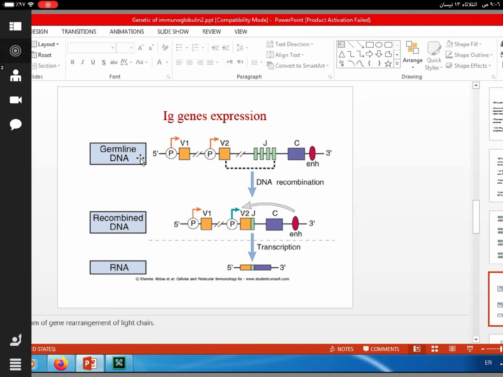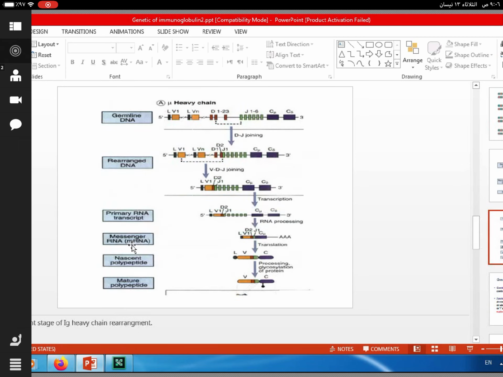In this figure, you can see a diagram of gene rearrangement of light chain V and J segments. For example, V2 joined together with J. Germline DNA, recombined DNA, and finally RNA.